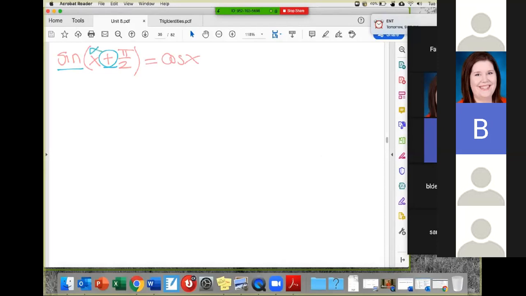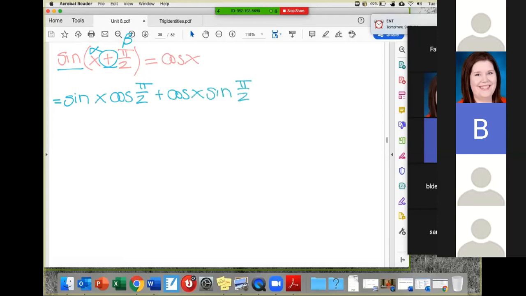Using x as my alpha and pi over 2 as my beta, what is that going to expand into? Anyone have their formula sheets? Sine x times cosine pi over 2 plus cosine x times sine pi over 2.